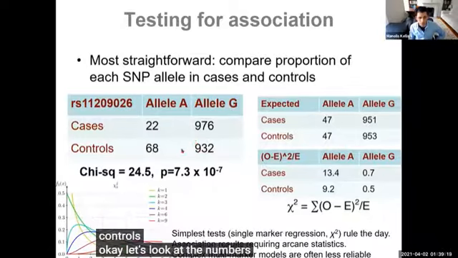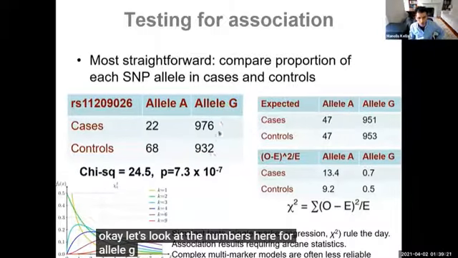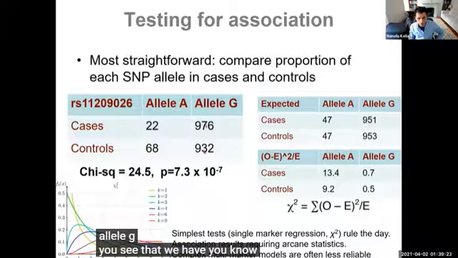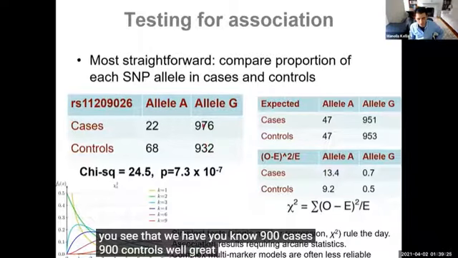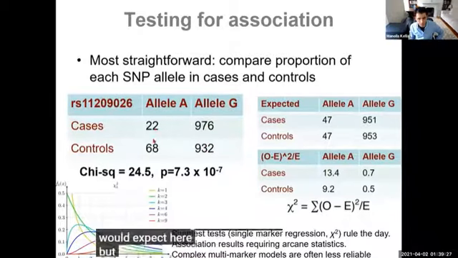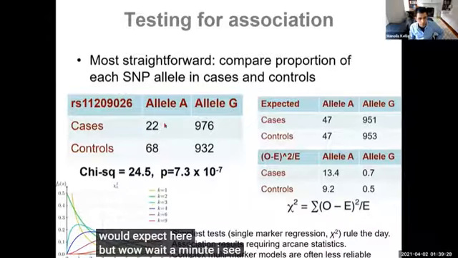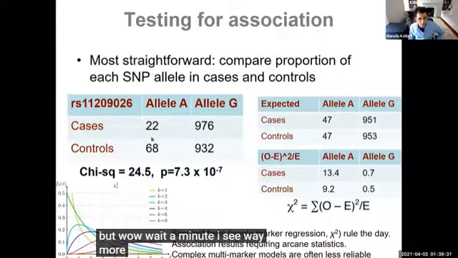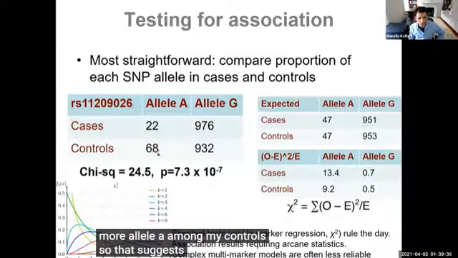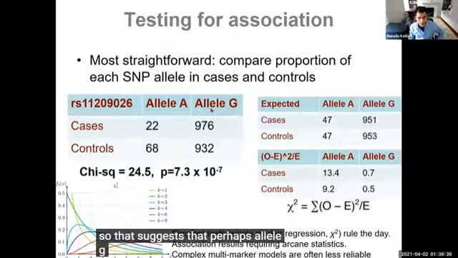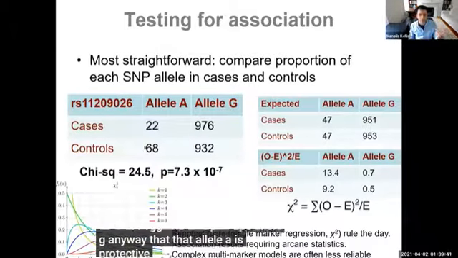Okay, let's look at the numbers here. For allele G, you see that we have 900 cases, 900 controls. Well, great, that's what I would expect here. But wow, wait a minute, I see way more allele A among my controls. So that suggests that allele A is protective.